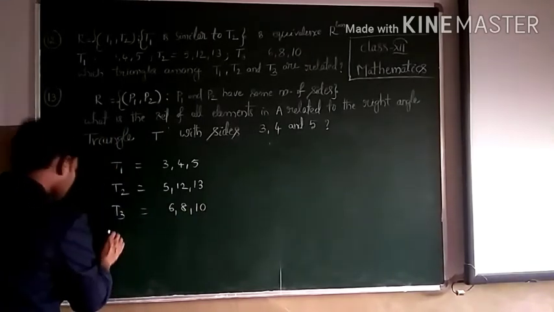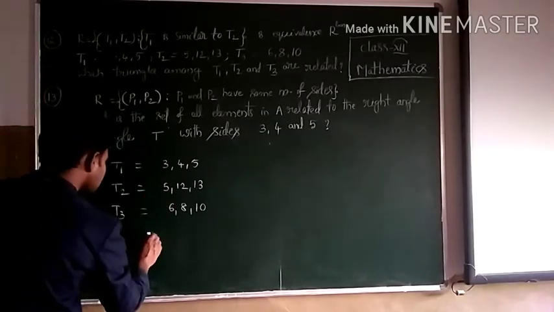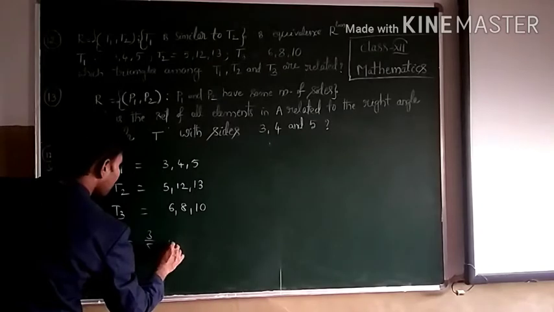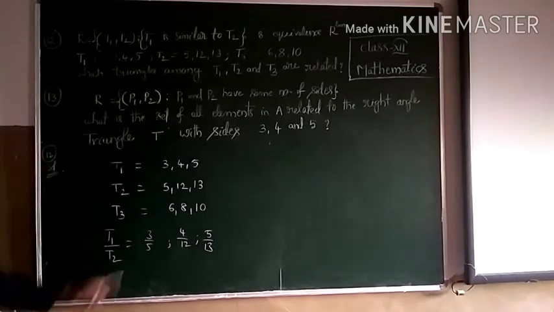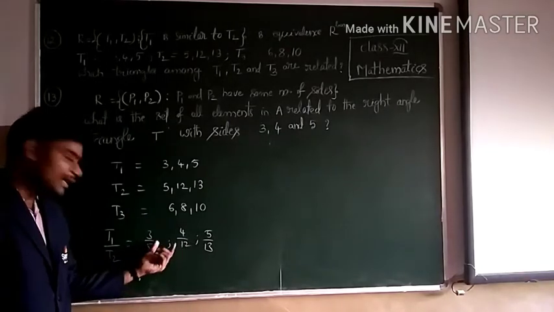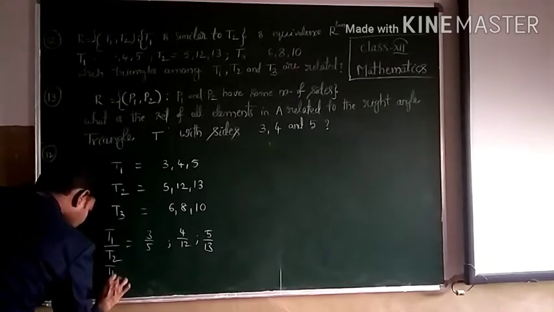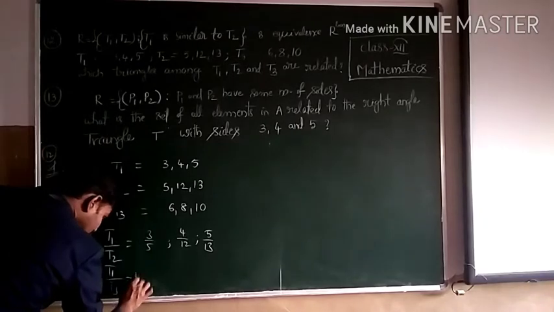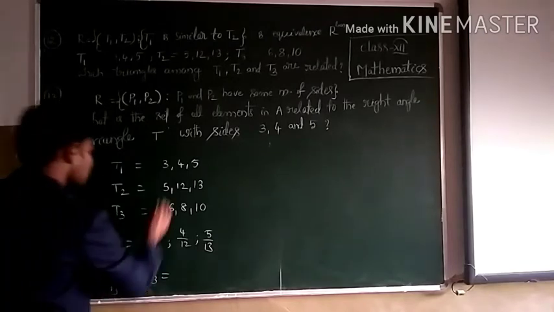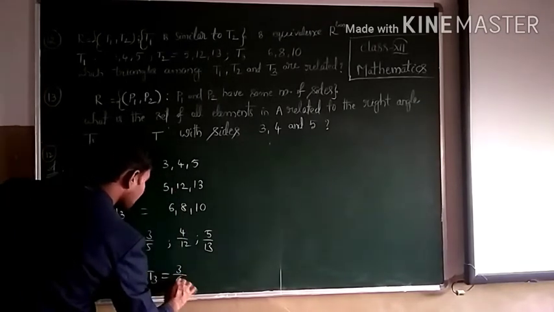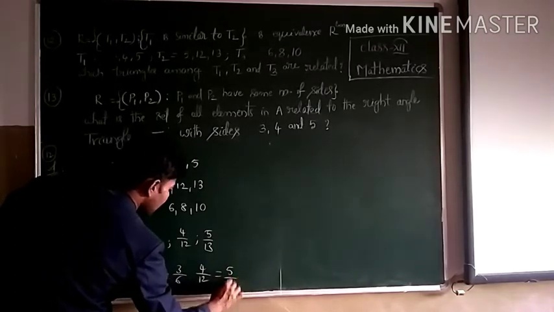First I consider T1 by T2, corresponding sides: 3 by 5, 4 by 12, 5 by 13. Are there any equalities between these ratios? No. Next I will check T1 by T3 in ratio form: 3 by 6, 4 by 8, and 5 by 10.